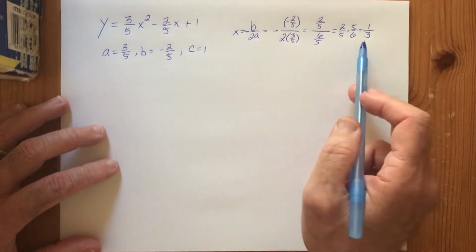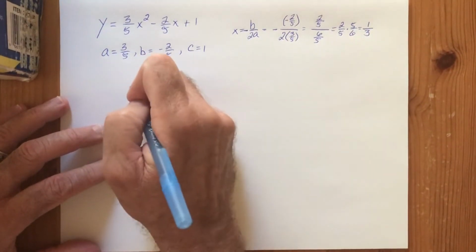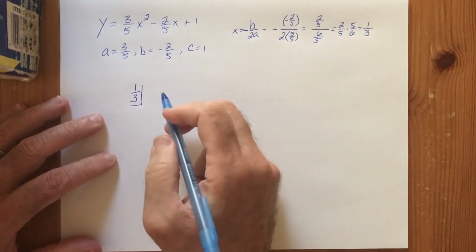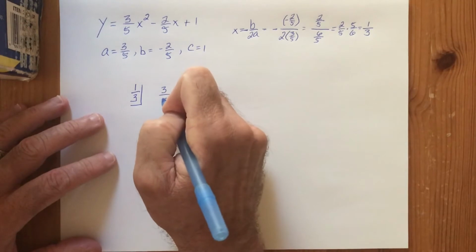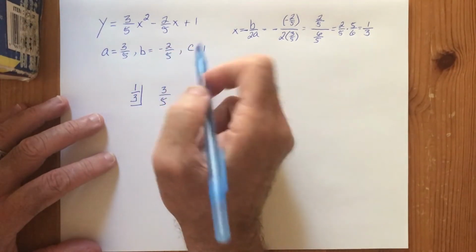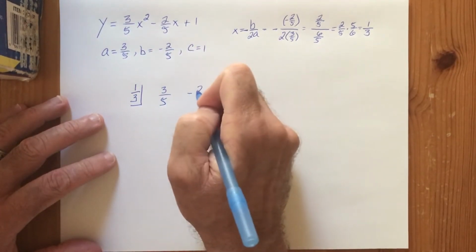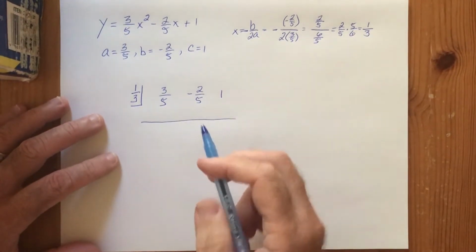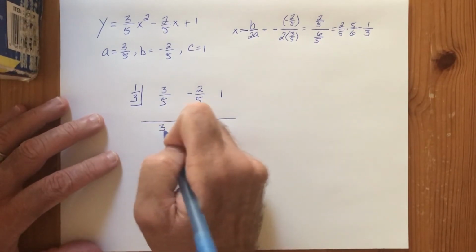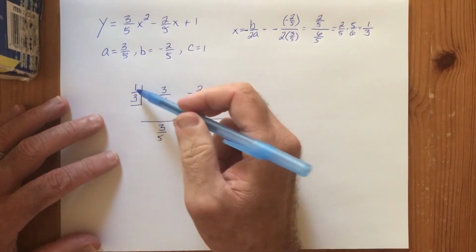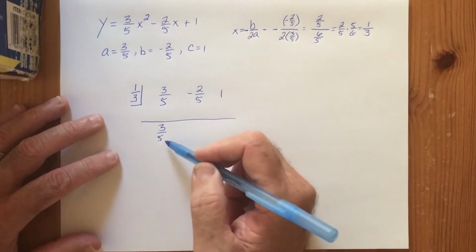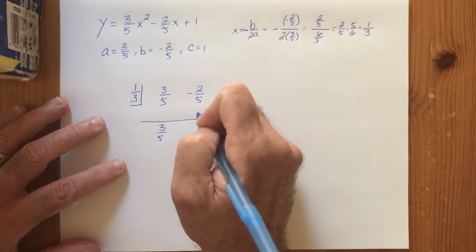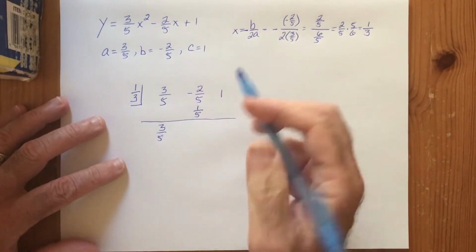So that's the x-coordinate of our vertex, and now we need the y-coordinate. We're going to find it by doing synthetic substitution again. Our coefficients are 3/5, negative 2/5, and 1. We bring down the first one, 3/5, and then multiply 1/3 times 3/5, which gives 3 over 15, or, cross-canceling the 3's, 1/5.